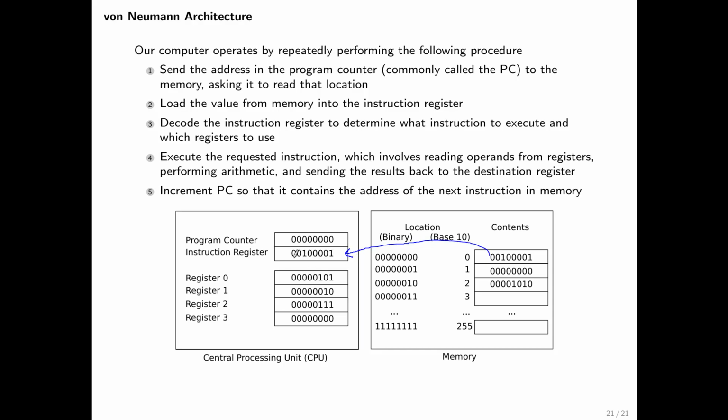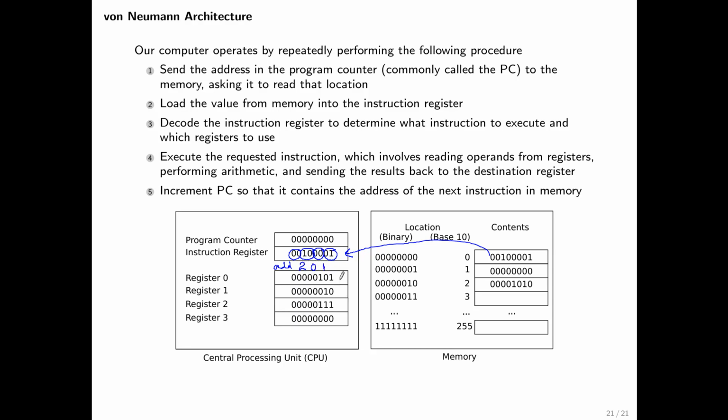Well, what is this instruction? Well, that is add, and that is the destination register, which is 2, and that is one of the two operand registers, which is 0, and that's the other register, 1. So we are saying add the values in the registers 0 and 1 and store the result in 2.